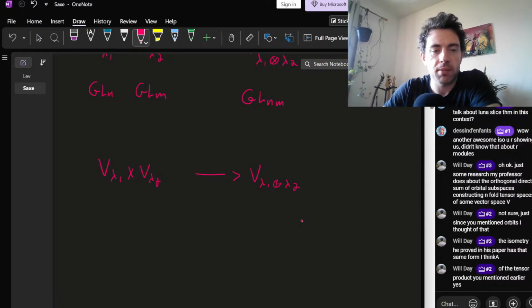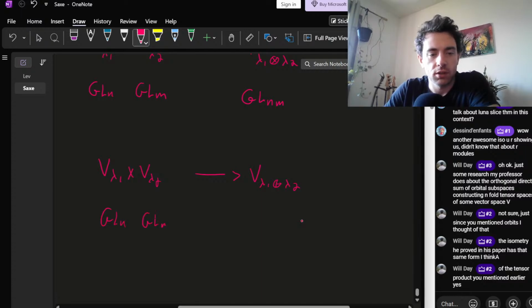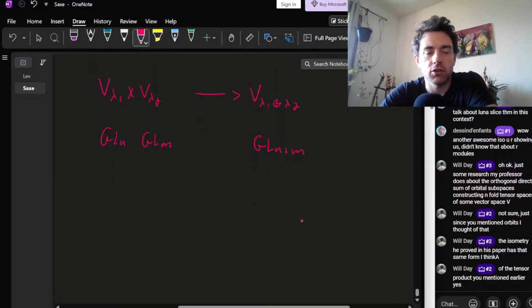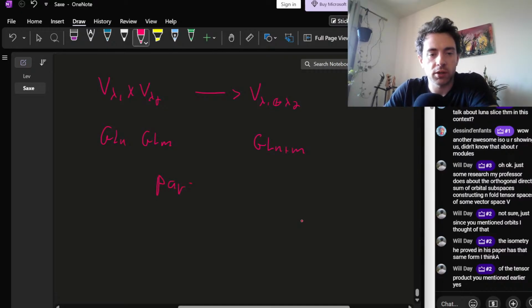The direct sum map corresponds to this. So you're going from GLM to GLN plus M. How does this work? This has something to do with what's called parabolic induction, which we'll get into soon enough because it's a really important idea.